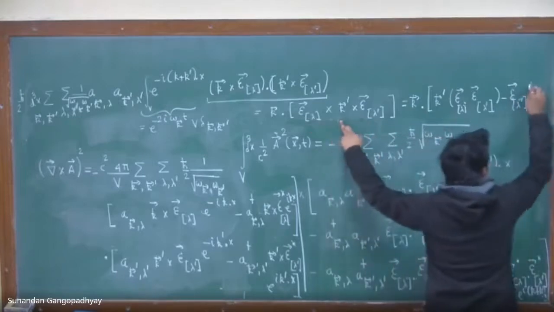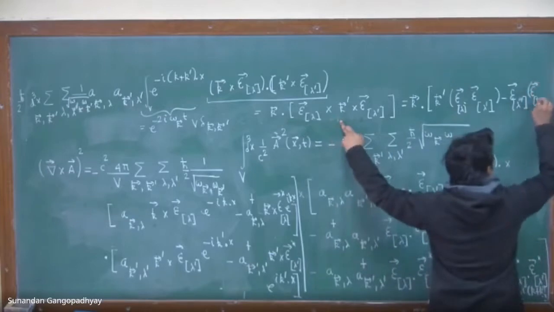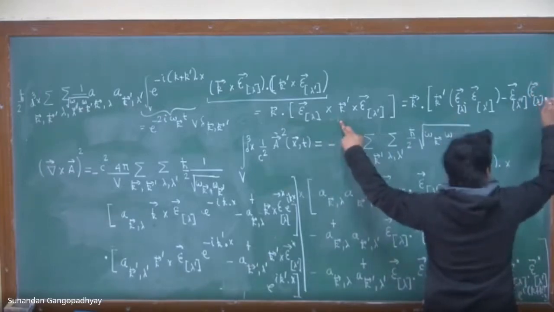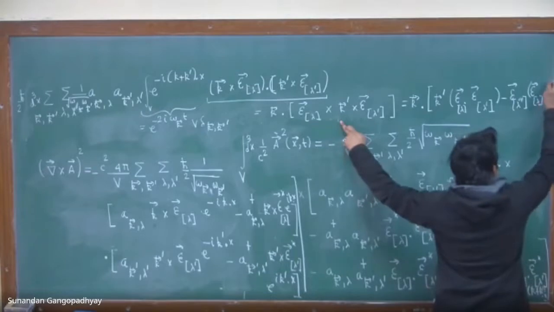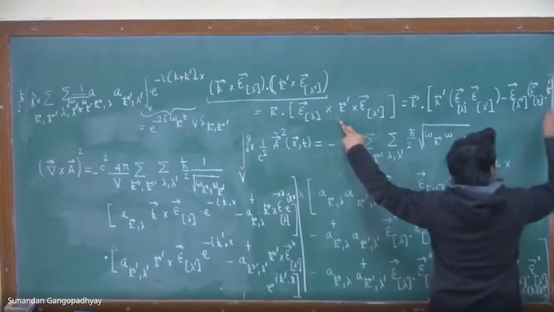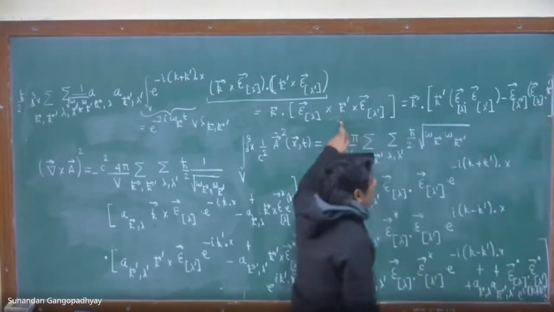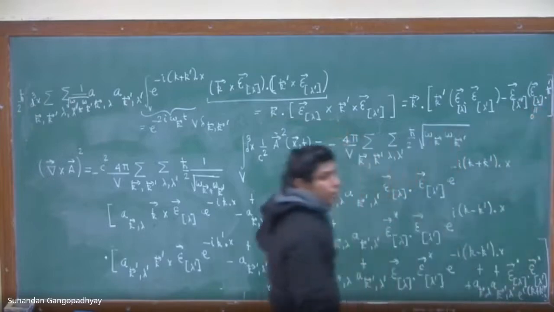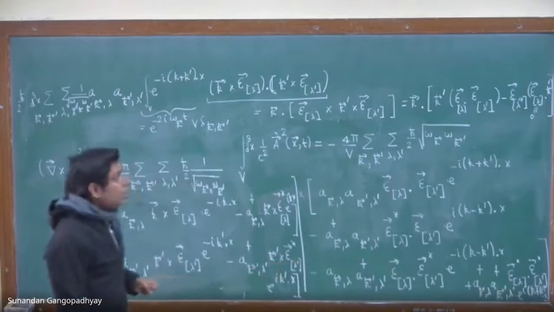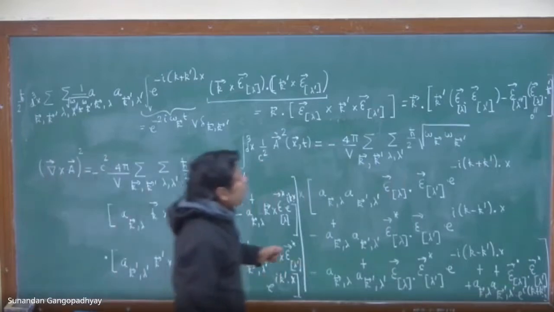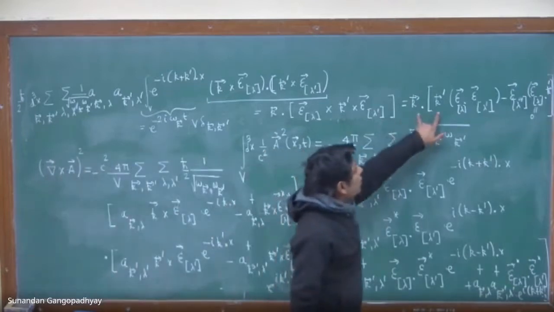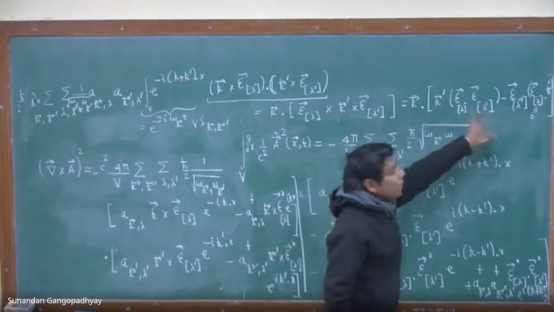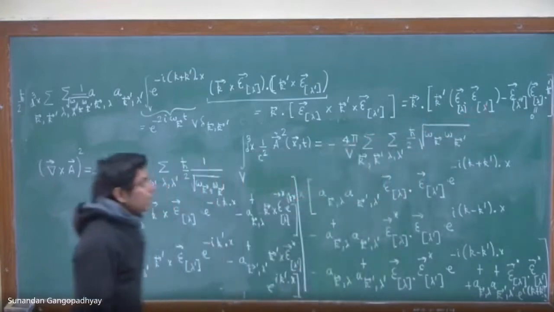So this is epsilon vector lambda dot k prime. That completes the calculation. But you know that the polarization vector is perpendicular to the direction of propagation of the electromagnetic field, so that term is 0. Therefore, what we have is k dot k prime epsilon lambda prime from the first term.